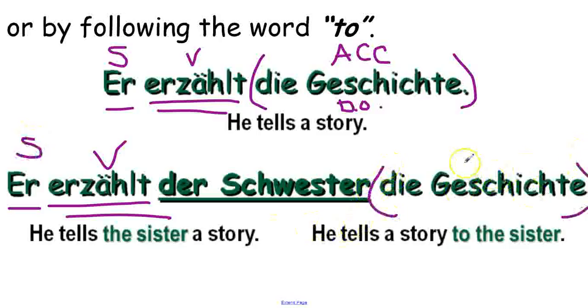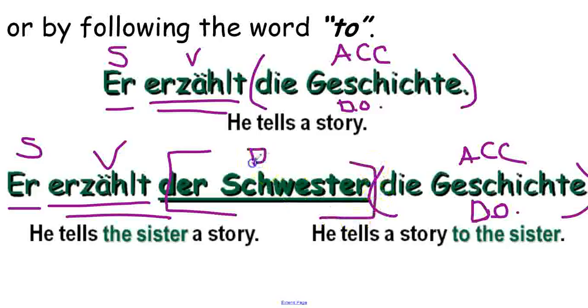He tells a story, accusative, direct object, to whom or for whom? To the sister. This is the dative case. The dative case is the equivalent to the English indirect object.